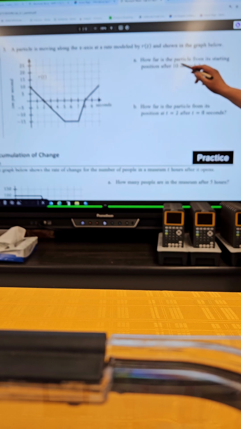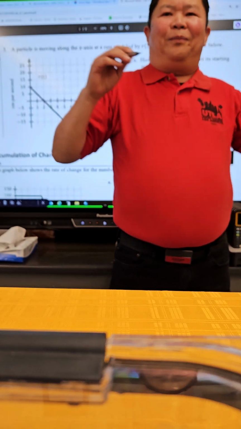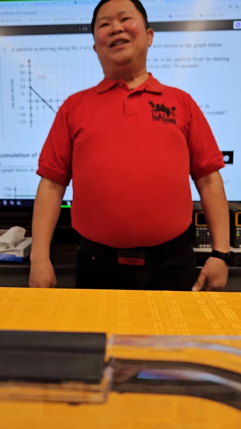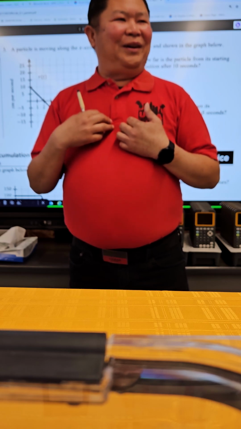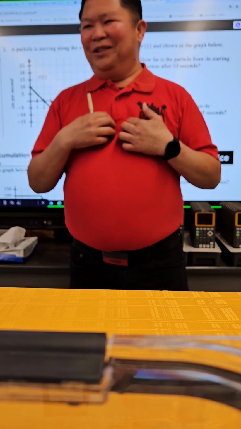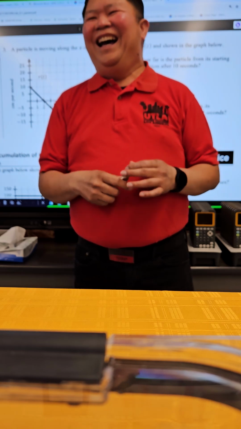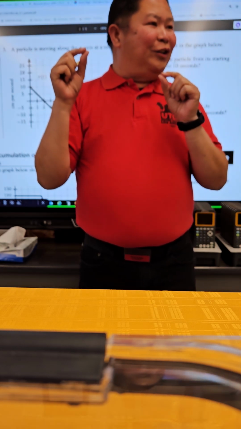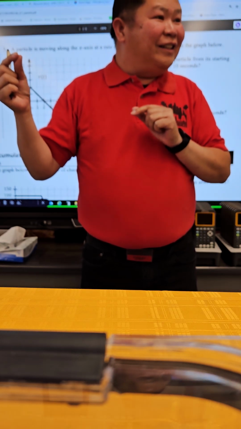The question is, how far is the particle? Now, I remember when I was in high school, guys, we played high school days. You know what high school days is, right? So back in the day, we had a screen, and you know an ant, a red ant.